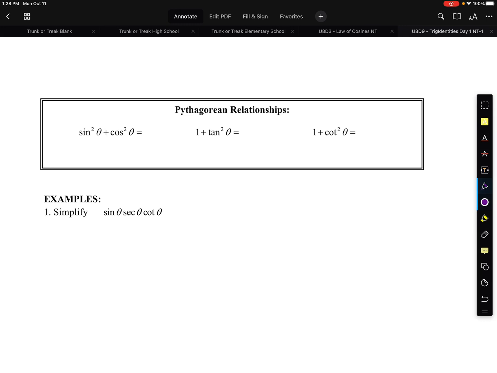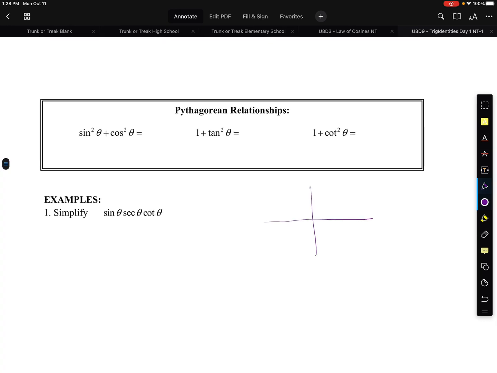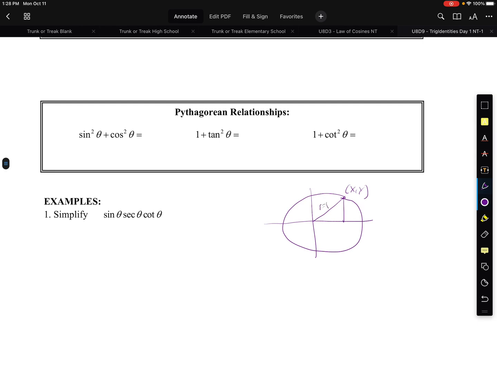What we have with a unit circle, to explain these rules, if we look at a unit circle, and we have a point x comma y, we all know that r is 1. So our perfect Pythagorean theorem setup is x squared plus y squared equals 1 squared. So x squared plus y squared equals 1.